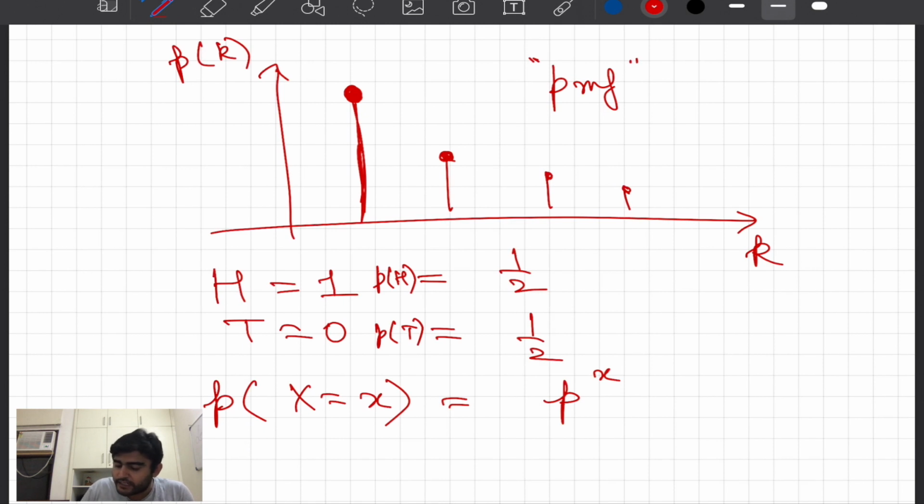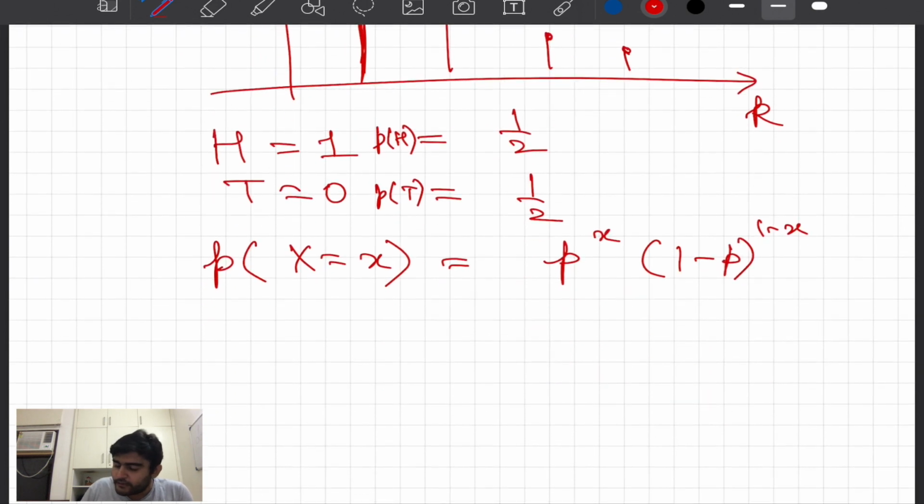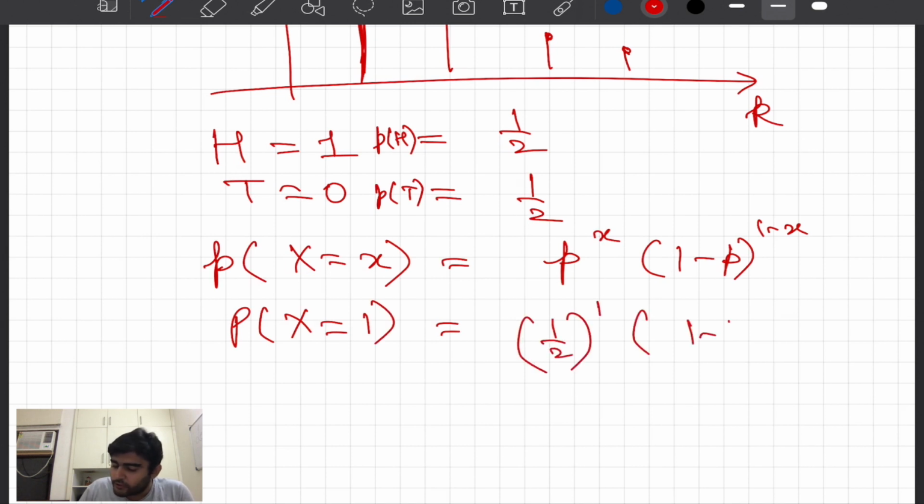If head is denoted by 1 and tail by 0, the probability of x is p^x (1 minus p)^(1 minus x). Now what is the probability of x equal to 1? With x equal to 1, the (1 minus p) term is rendered ineffective, since something raised to the power 0 is equal to 1.